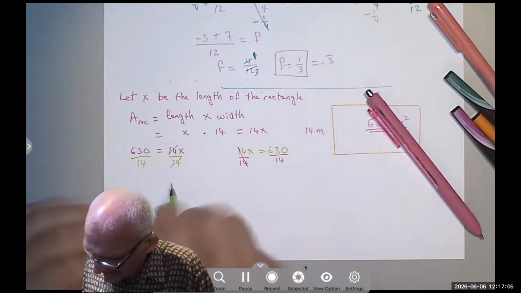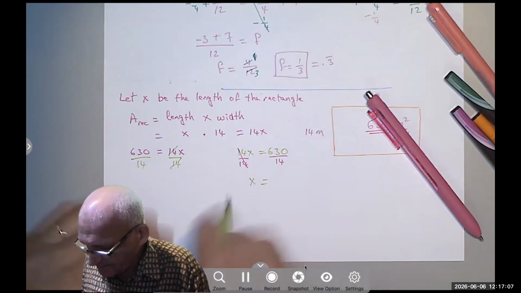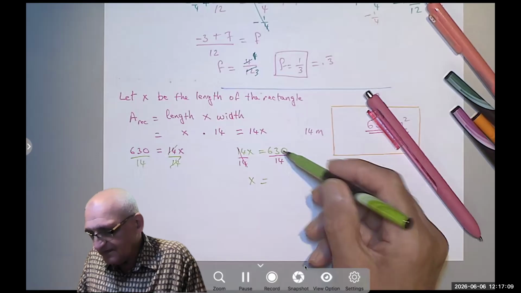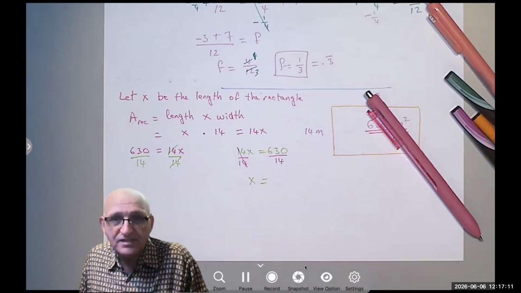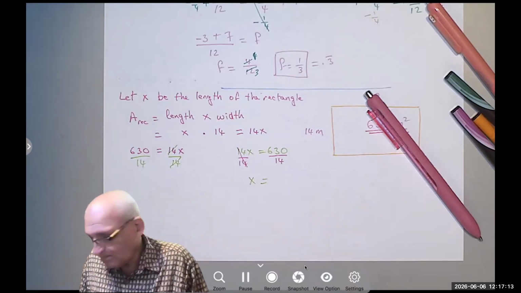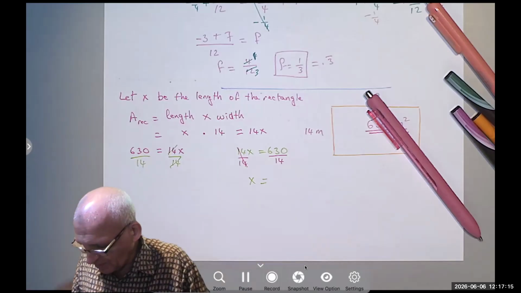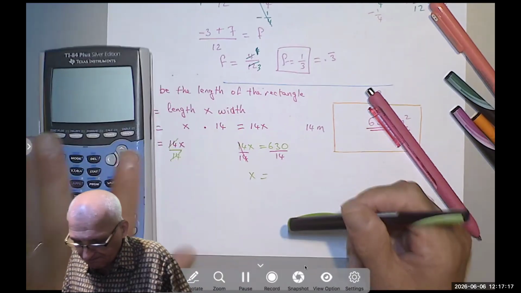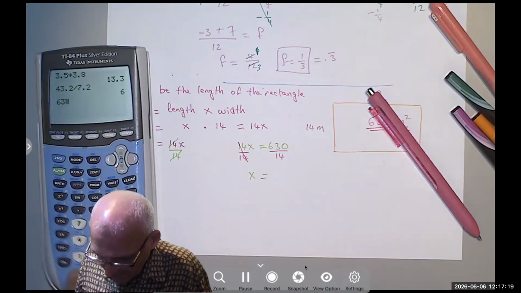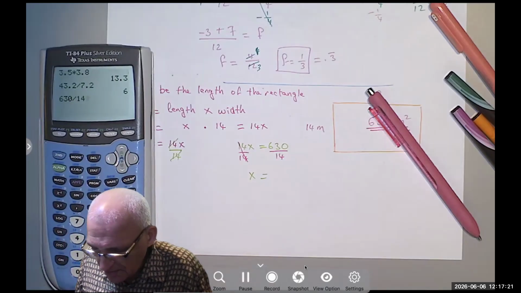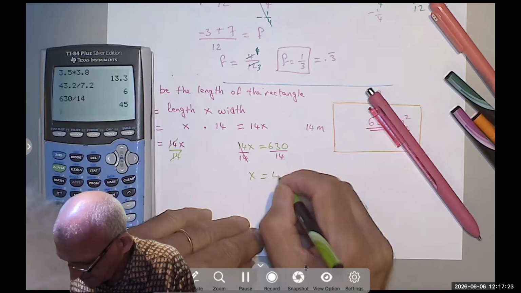So the left-hand side is x, and I divide 630 by 14, which would be what, 45 in this case? I think so, yeah, 45 meters.